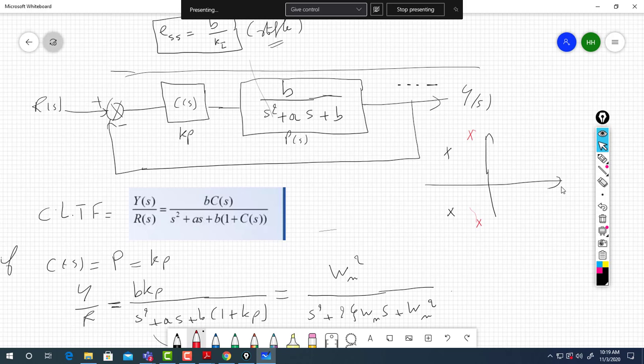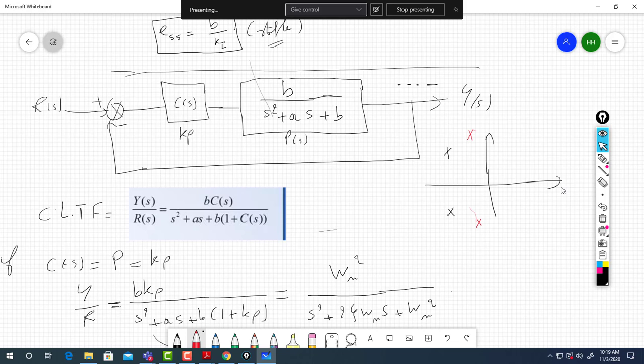So you are doing pole placement, shifting the dynamics of the system by adding a controller from this location to this location, making them maybe faster but more oscillatory.